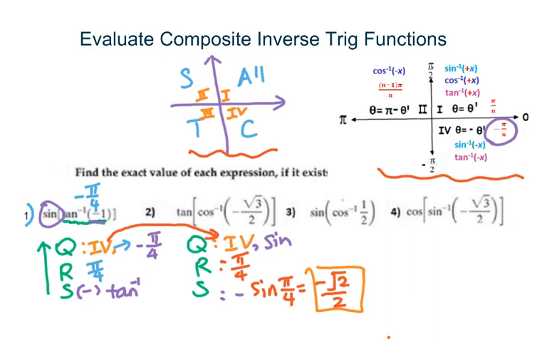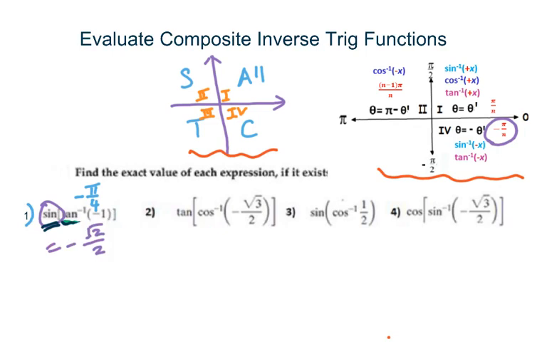So we use backwards QRS to work on the inverse. Then we use QRS to work on the trig function. For quadrant, you can carry on. For reference angle, you carry on. Then it's easier.